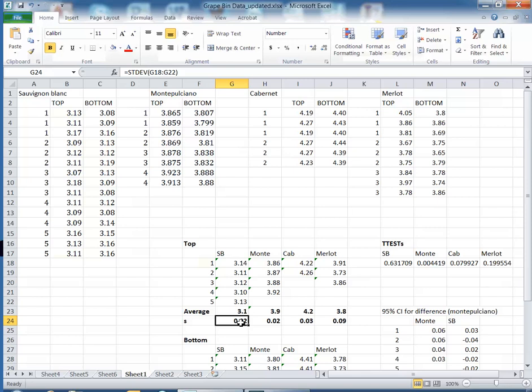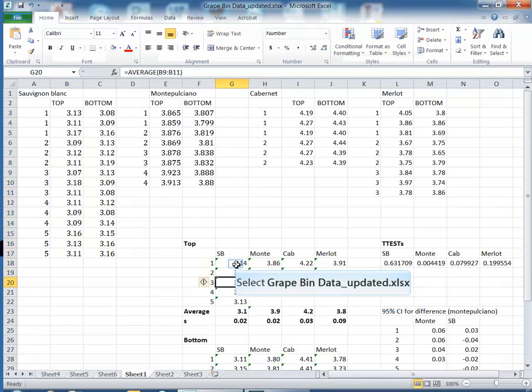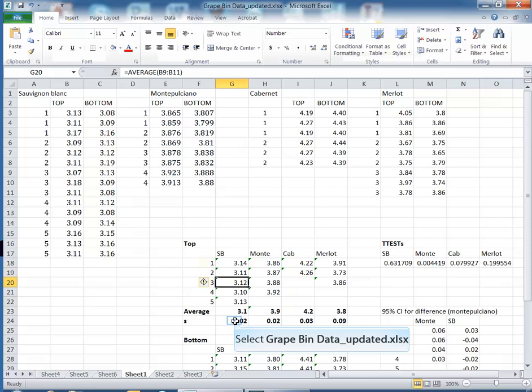So as I explained in the tutorial, we don't want to do the standard deviation of all of these numbers here because it will inflate that number. Instead, we're just going to use these little averages, the average for each bin. So I've calculated the standard deviation of the averages from each bin.